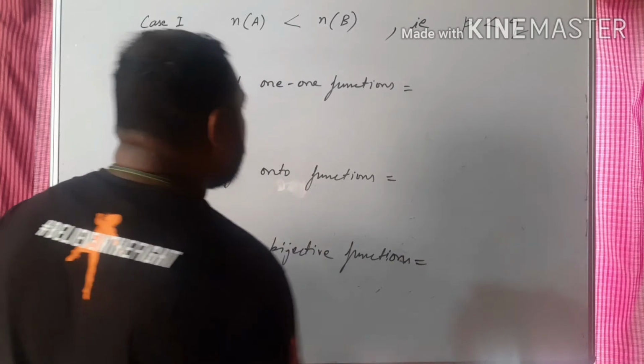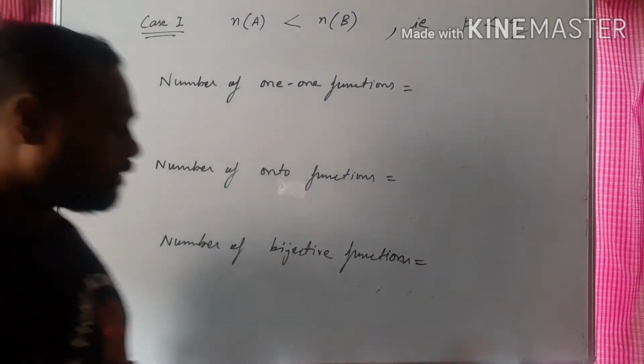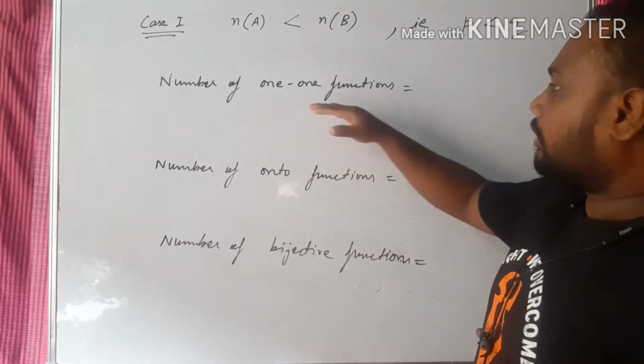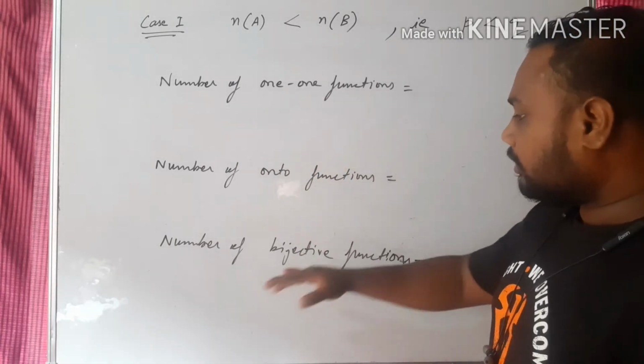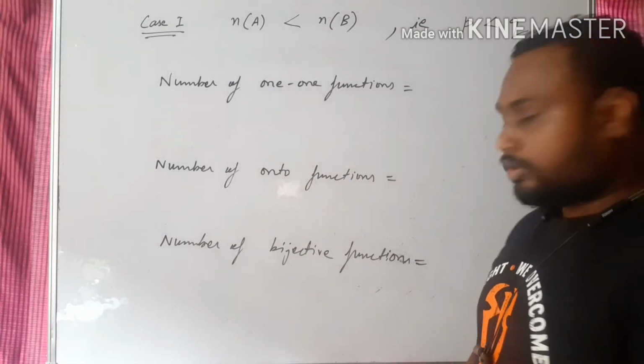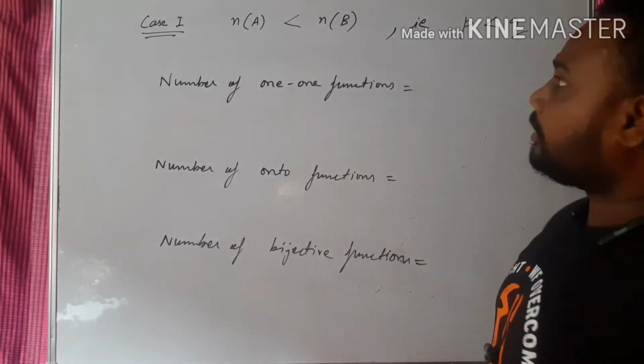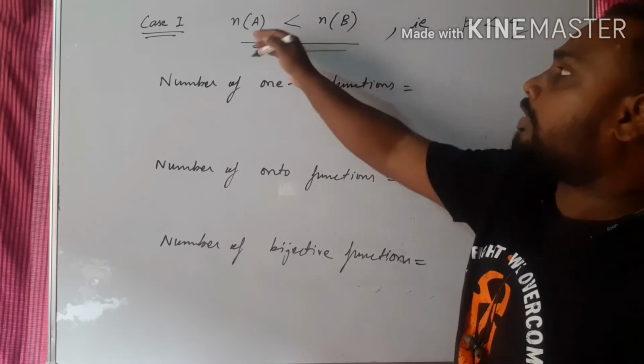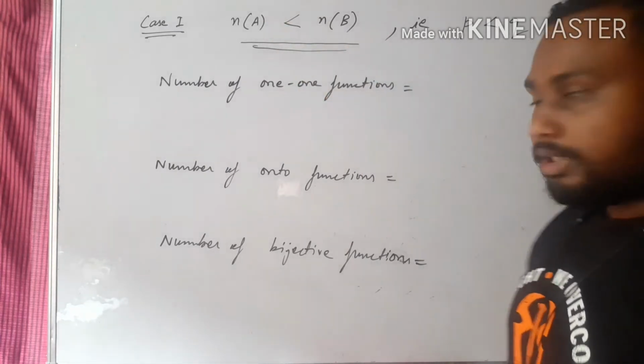We'll have to find these three things: number of one-one functions, number of onto functions, number of bijective functions. So how many are they? Let us see. Whenever the condition is number of elements of A is less than number of elements of B.